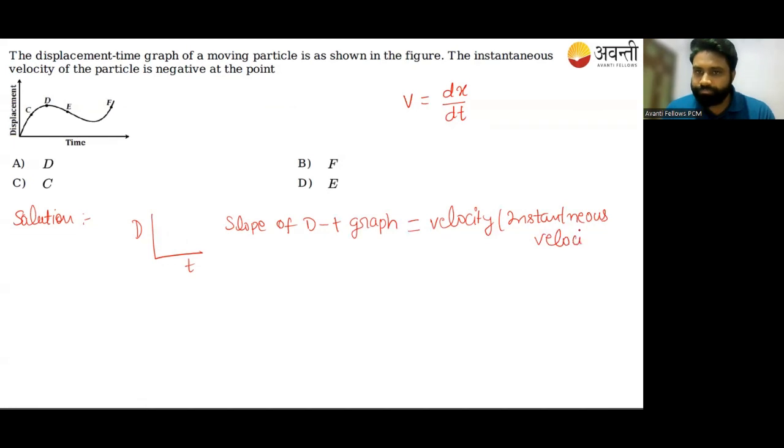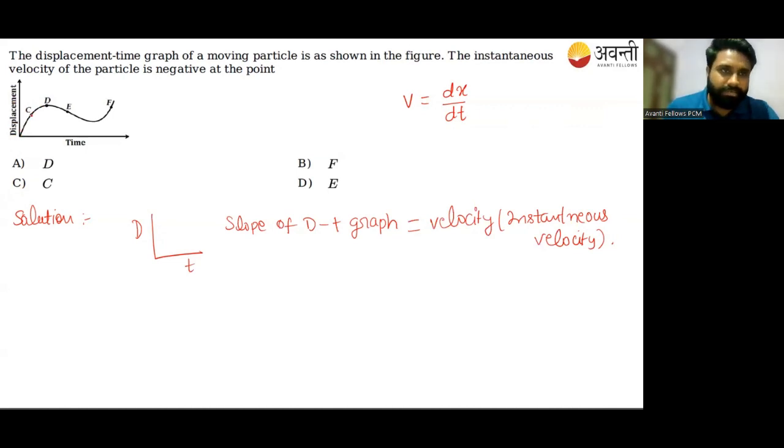So if the slope is positive at a particular point, then the velocity is also positive. If the slope is negative, then the velocity is also negative.